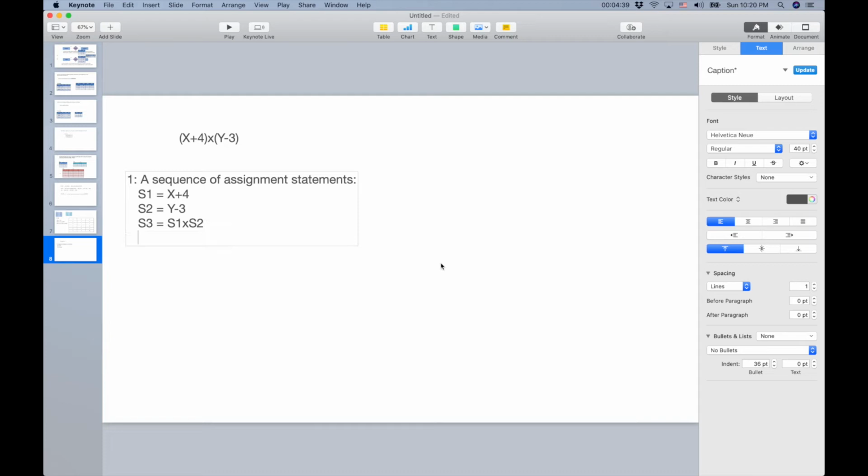This is the first way we can represent it. Besides this, we can also represent it as an expression with multiple operators, the same as the one we show here. Okay, this is the second way.